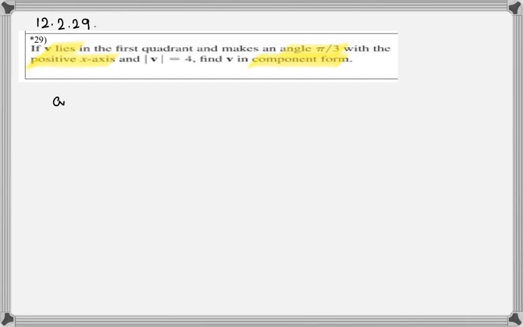If vector A has components a1 and a2, then we know that a1 equals the vector length times cosine of the angle, where theta is the angle that vector A makes with the positive x-axis.